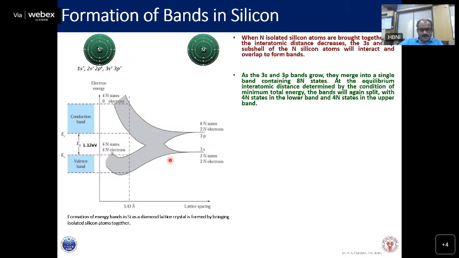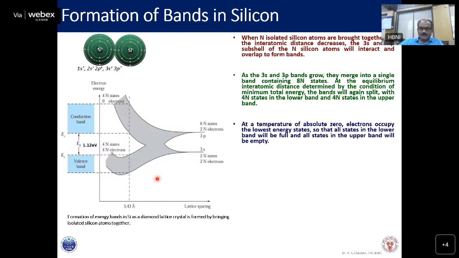Now, if I further reduce the distance and come very close, these levels will further behave like this, and then they split into two parts.